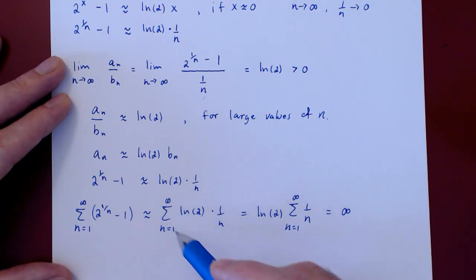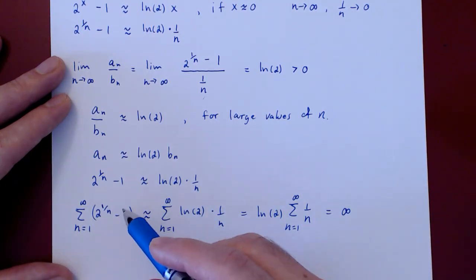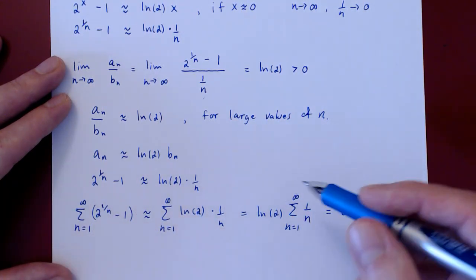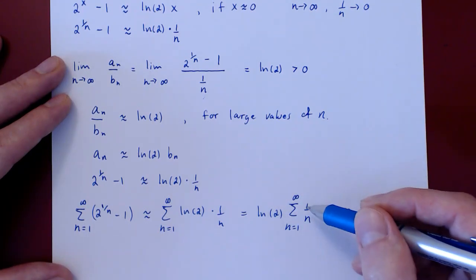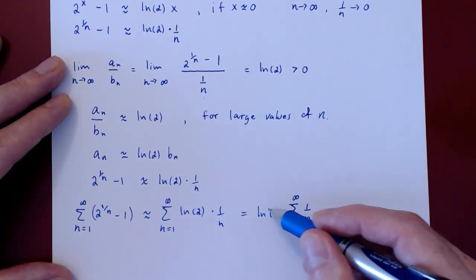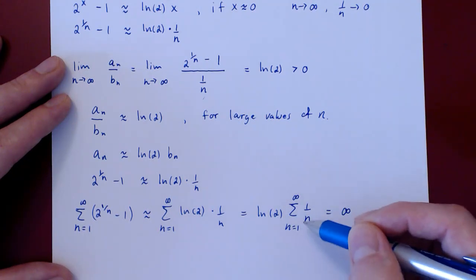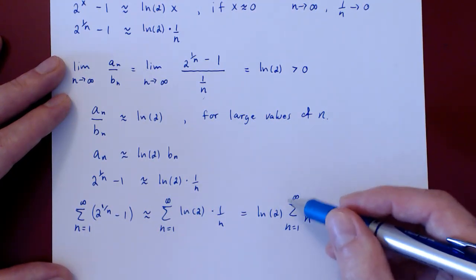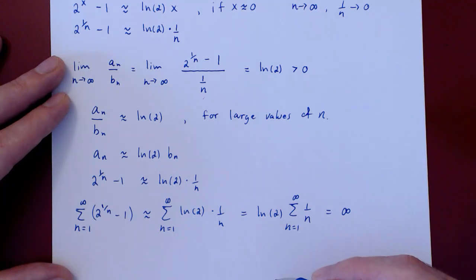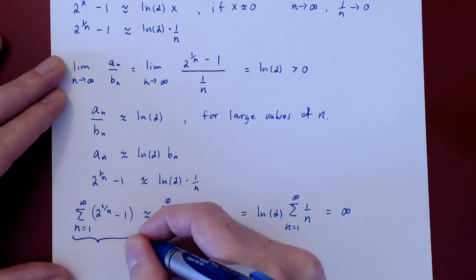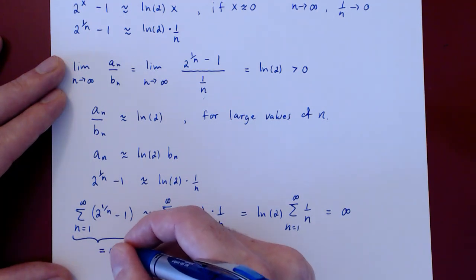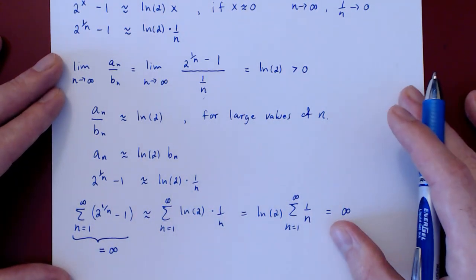And so since this series is infinite, then this series will also be infinite. And again, if the result of a constant multiple times this series is infinite, then the series here must be infinite. So the initial series, therefore, must be also divergent by blowing up to positive infinity.